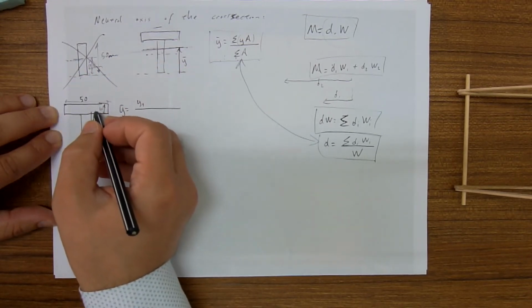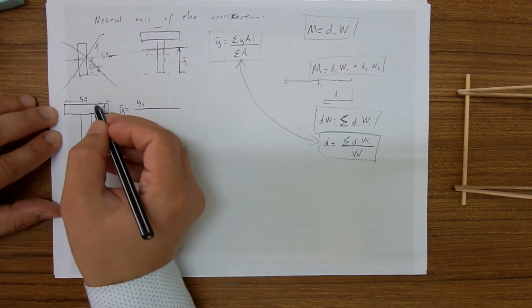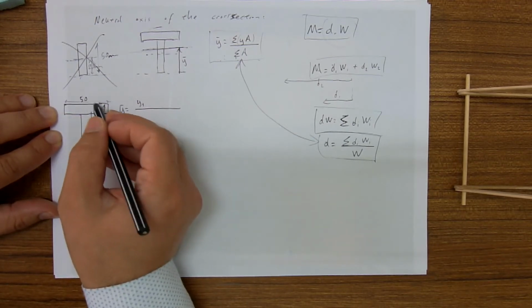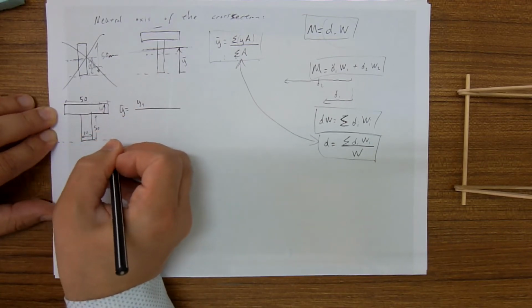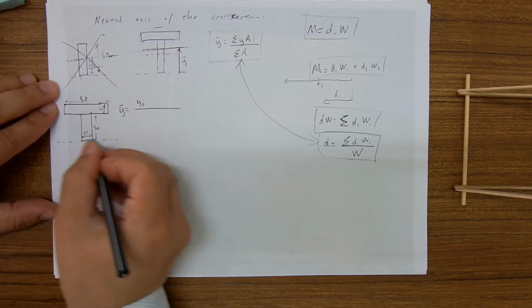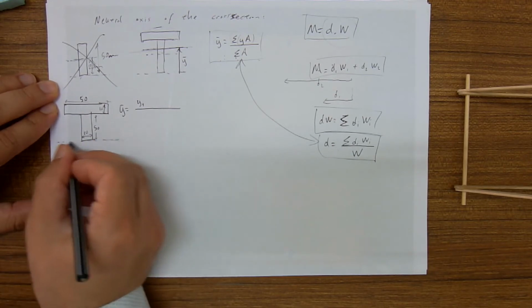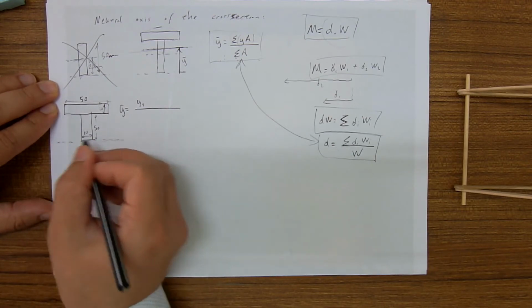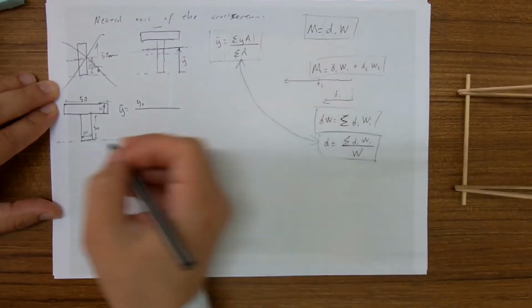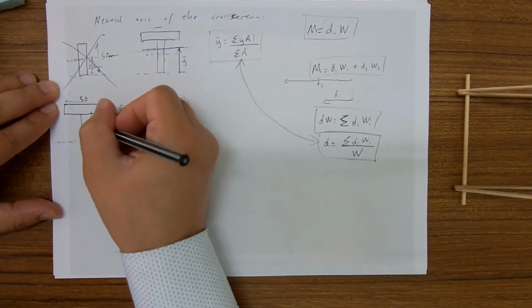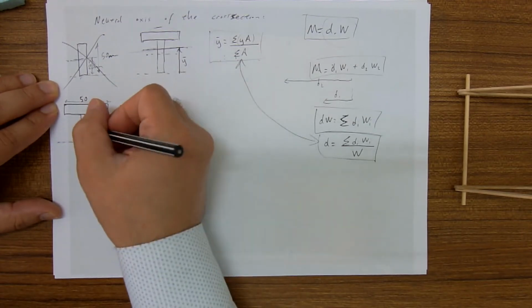There are two rectangles simply, and the dimensions are 10 by 50 in millimeters. So assume this line is where the moment is applied, as I showed in this example, and we find moment of area.